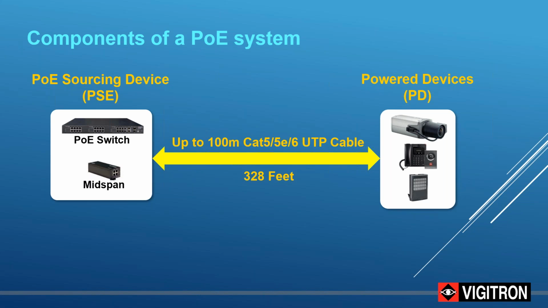When IEEE standards were first introduced for IP PoE operations, they were based on Cat5 cabling, a specific cable with specific performance, and how that performance operated over 100 meters, 328 feet. So it was looked at that if you had a certain power source at one end of the cable, you would result with a certain bandwidth and a certain amount of PoE at the other end of the cable.